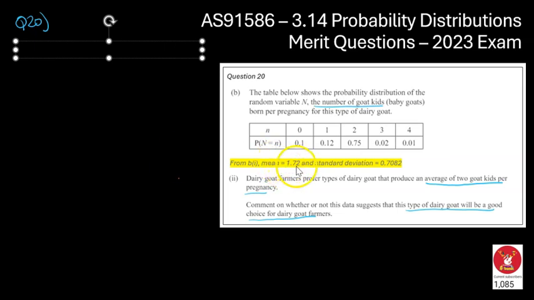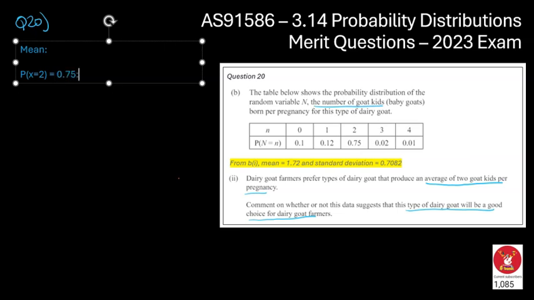I guess the first thing I probably want to talk about is this mean part here, because the mean is the average, and clearly the average is below 2. After that, I probably want to talk about the probability of there being 2 goats being exactly 0.75. So that's 3/4.